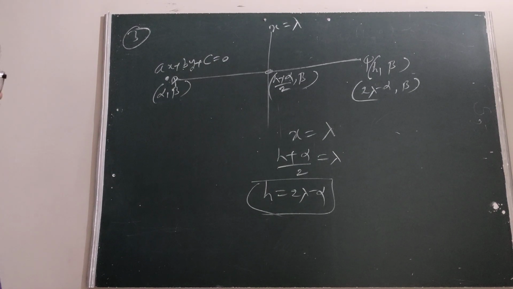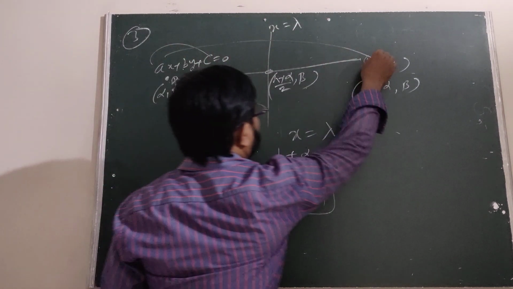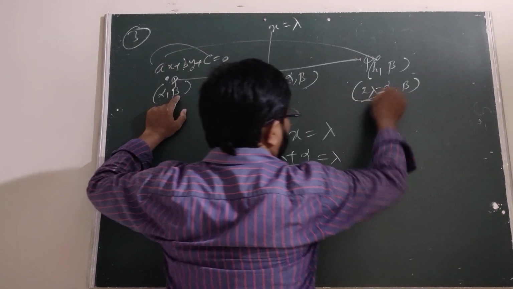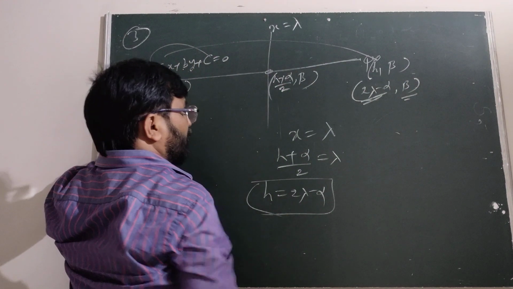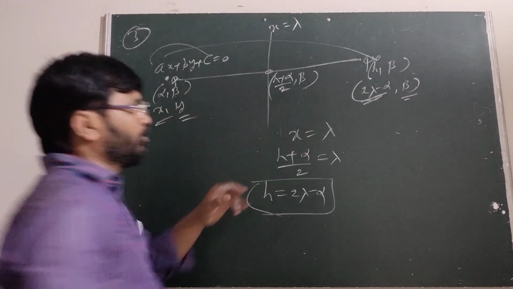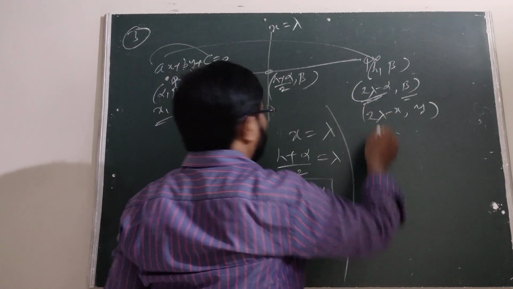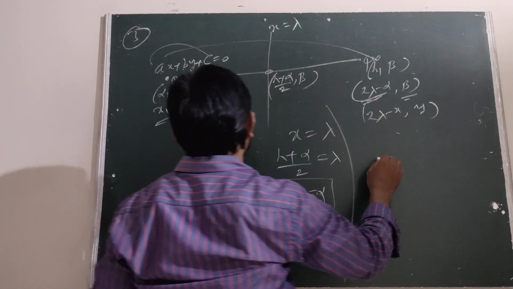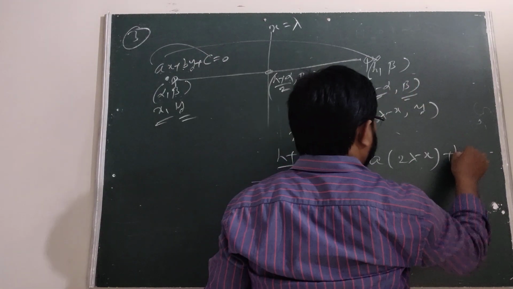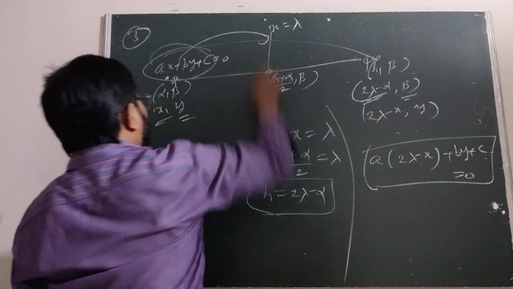Now we substitute in the line. When we take the point as (x, y), the image is (2 lambda minus x, y). So x is replaced by 2 lambda minus x, and y stays y.